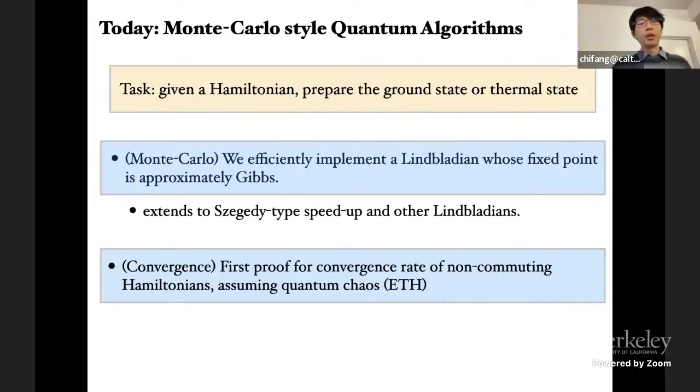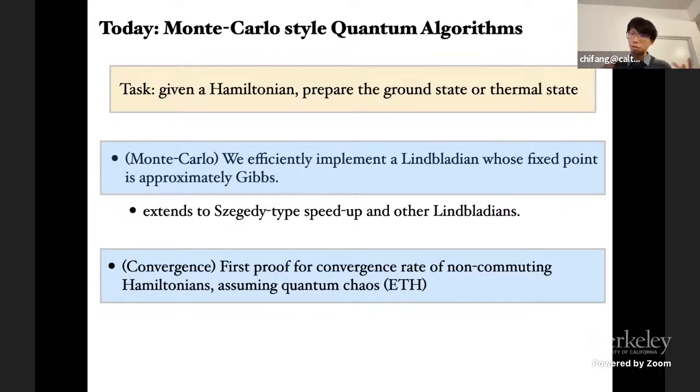Okay, so let's finish the second part of my talk. Let me quickly summarize. Today we give a proposal of Monte Carlo style quantum algorithms. The task we want to solve is to prepare a thermal state of quantum Hamiltonians. Let me just reiterate the main findings. In the first part, we give a Monte Carlo style algorithm in the form of Lindbladians.